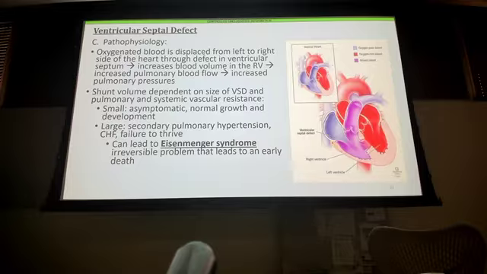Flow goes from higher pressure to lower pressure, so now you're having deoxygenated blood moving over to the left-hand side, mixing with oxygenated blood, and getting sent into the aorta and the peripheral arterial system. That reversal of the normal shunt is Eisenmenger syndrome, which we'll talk about in a couple of slides in more depth. But that is the long-term concern for somebody with a persistent ventricular septal defect.